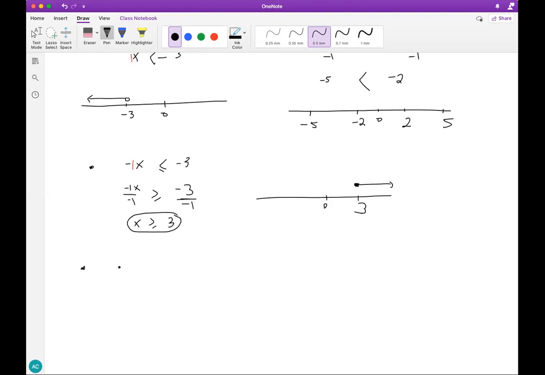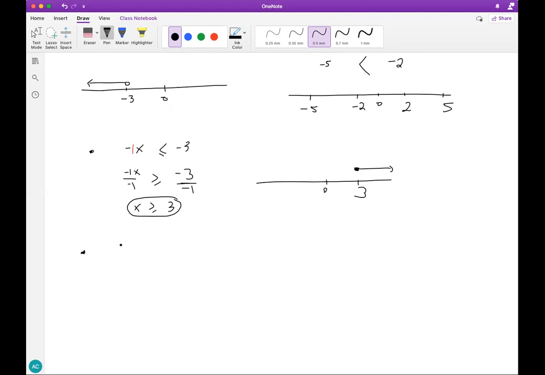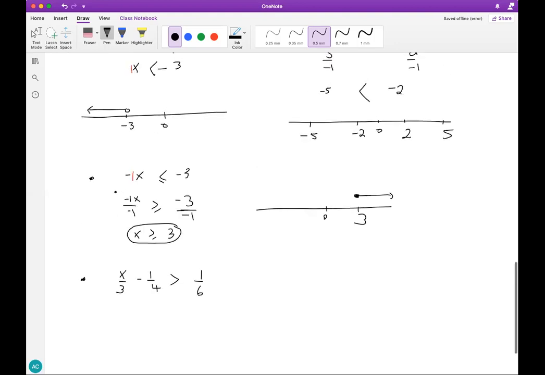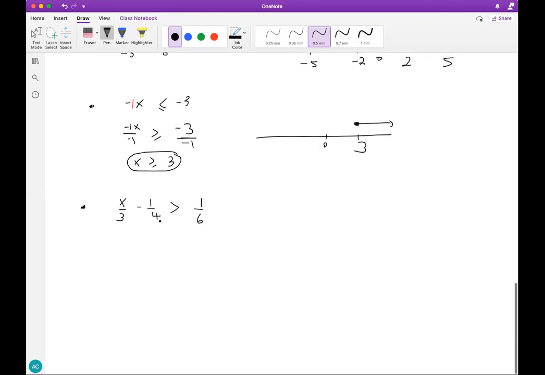For example, if you have x over 3, maybe 1/4, greater than, let's say, 1/6. All the stuff we learned about equations applies here. The only difference is this comparison sign, but treat it the same as an equal sign while being careful with the case when you divide or multiply by a negative.